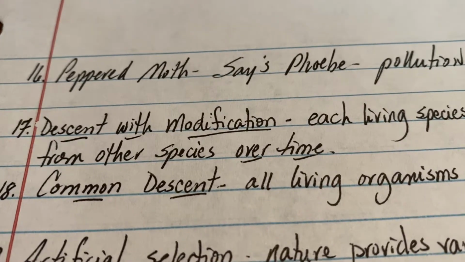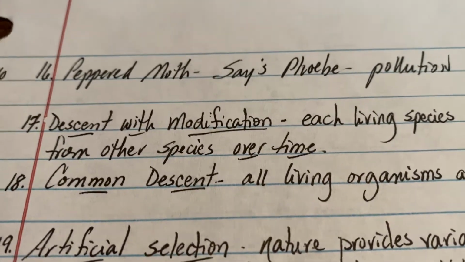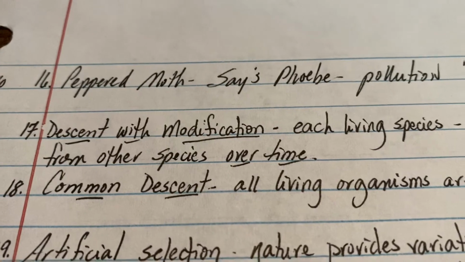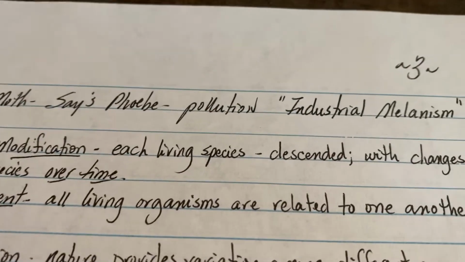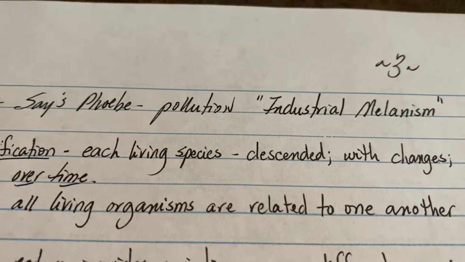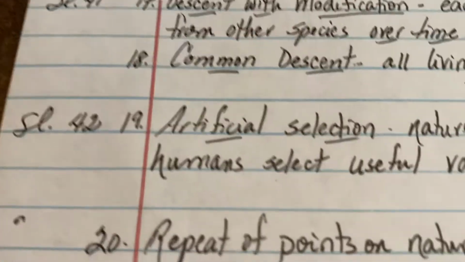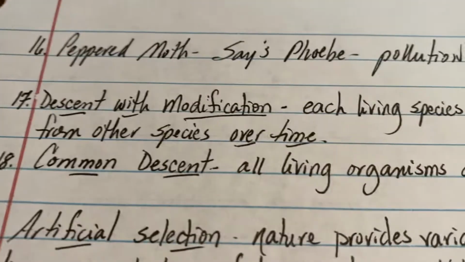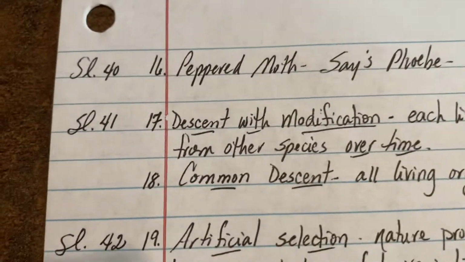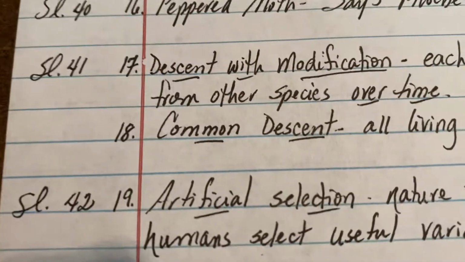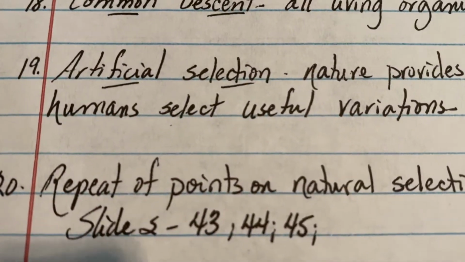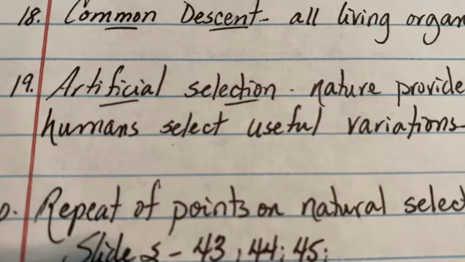Another concept of evolution that Darwin proposed was common descent, where he said all living organisms are related to one another. If you look at slides 43, 44, and 45, it repeats much of this.